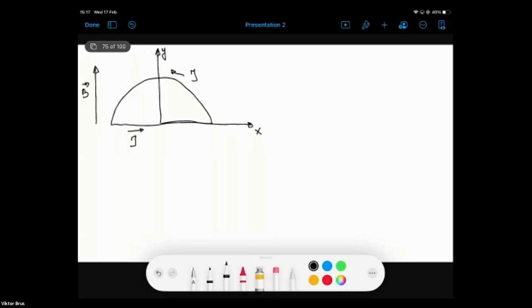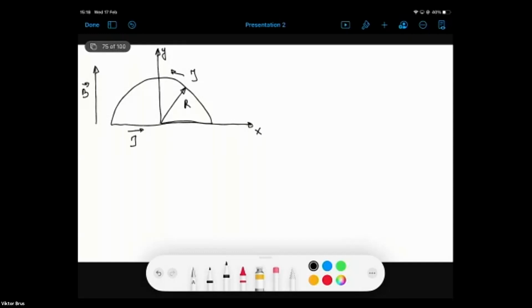This semicircle will have some radius. This is radius r. Maybe we will define a bit later the segments delta S for this curved part of the loop.